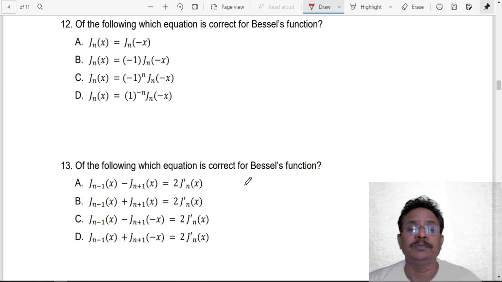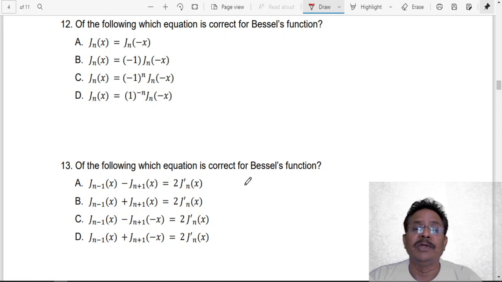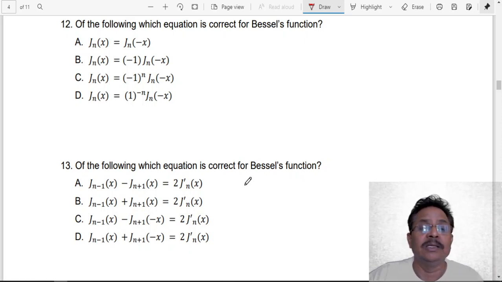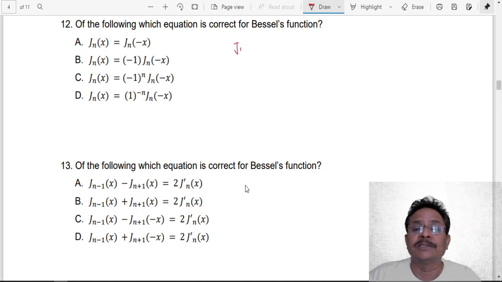Now there is one more. This asks about the parity property of the following function, which is correct for the Bessel function. So the parity of the Bessel function is decided by a very simple fact. Jn of x is equal to minus 1 raised to n into Jn of minus x.